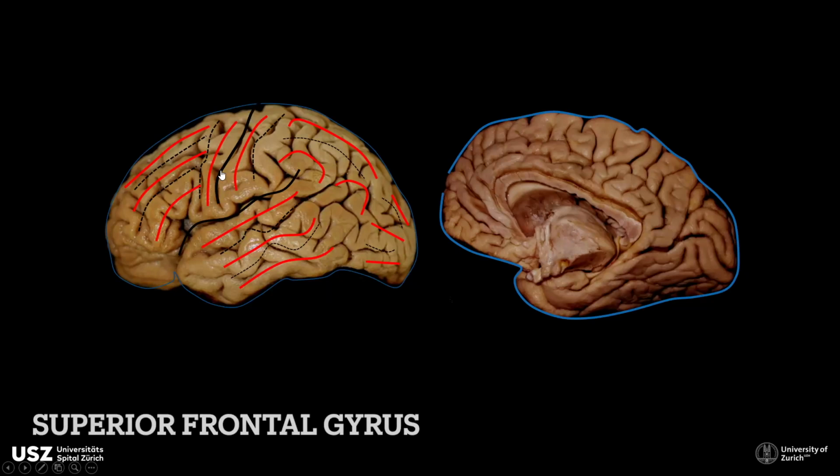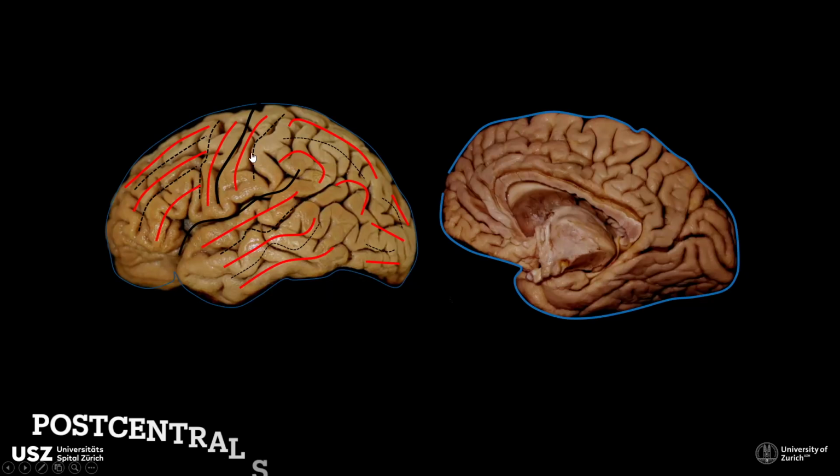Posterior to the central sulcus, we will recognize the postcentral gyrus, which is bounded posteriorly by the postcentral sulcus, which is less continuous than the central.